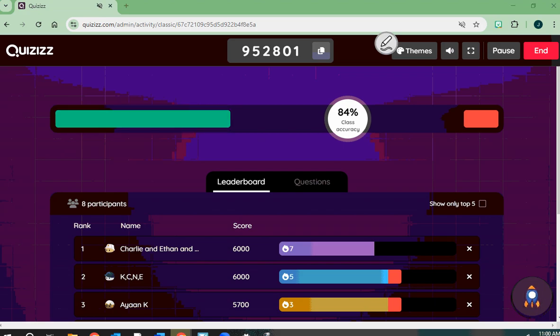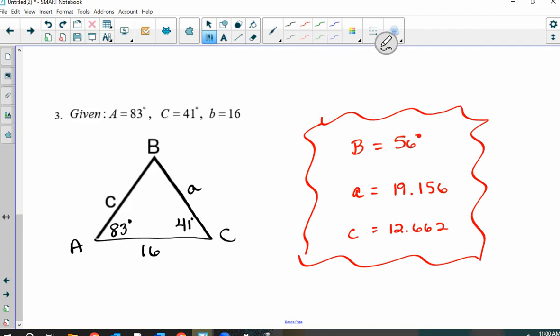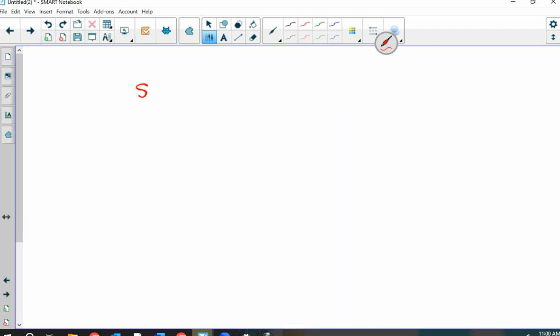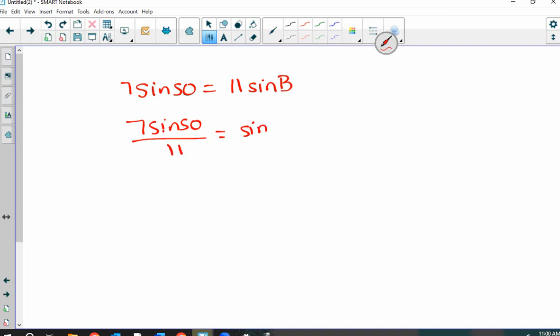Use 7 sine 50. You divide by 7 sine 50 equals 11 sine. So you get 7 sine 50 over 11, right? What do you use when you're solving for an angle? So you're going to do arc sine of this big fraction equals b.